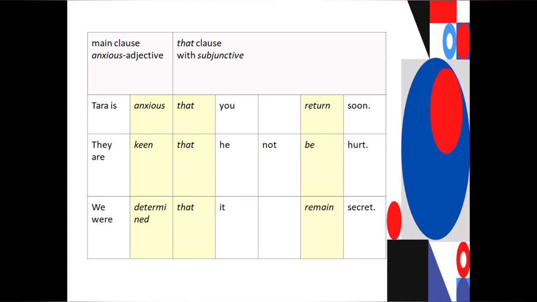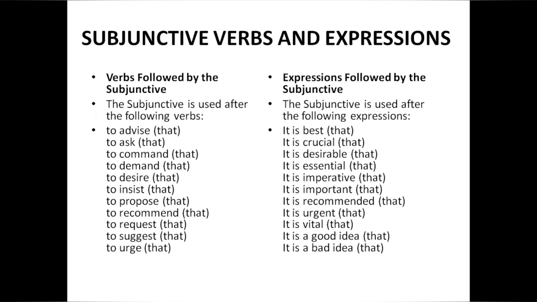They are keen that he not be hurt. Guys, you see the negative form, we just place not before the verb be or any other verb, okay? We were determined that it remain secret.